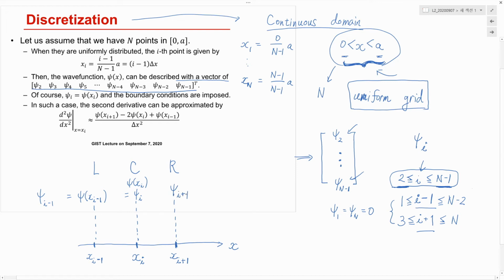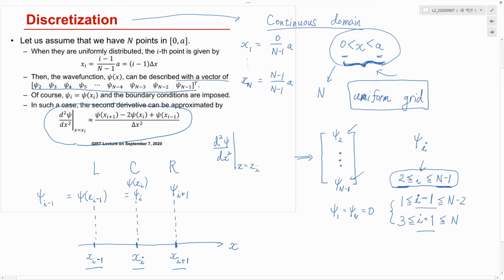If we have these three function values defined at three different neighboring positions, then we can calculate this second-order differentiation defined at x equal to xi. That is given here.